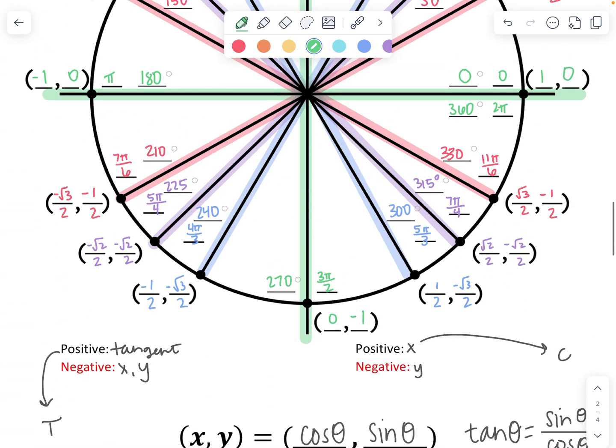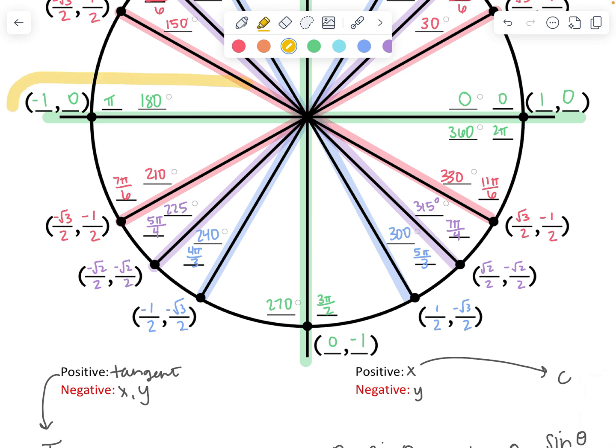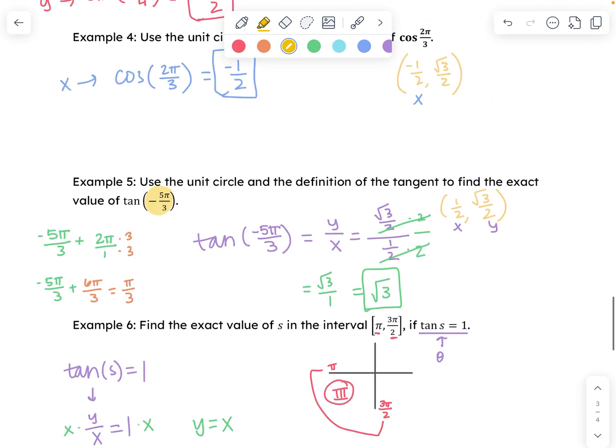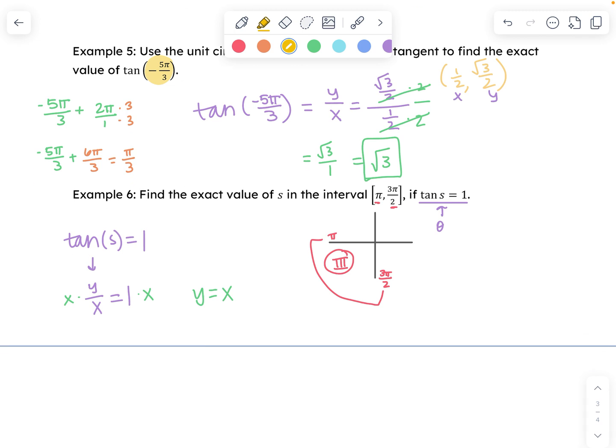So if I look in quadrant 3 right here, just this part, there's only one place where y and x are the same thing, and that's right here, my purple part, which matches with 225 degrees, or 5 pi over 4. If I'm looking at my interval, they did give it to me in radians, so I do need to give my answer in radians. So my answer is going to be 5 pi over 4 radians. And that's it.